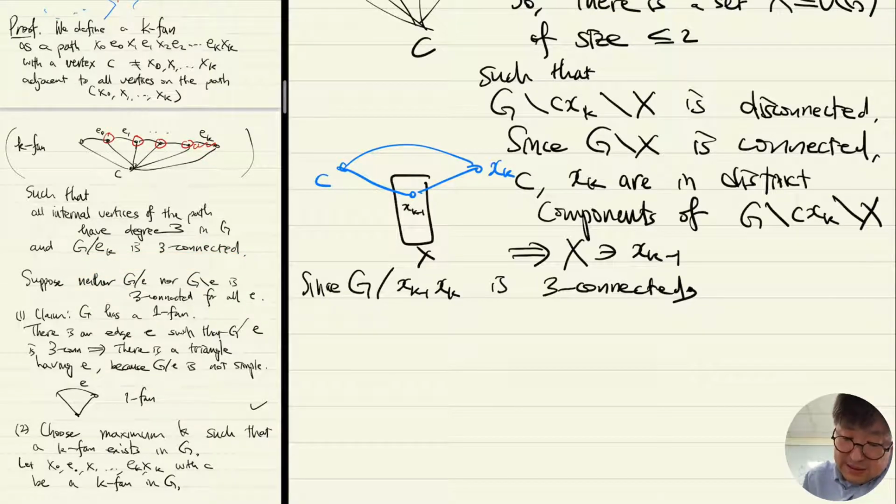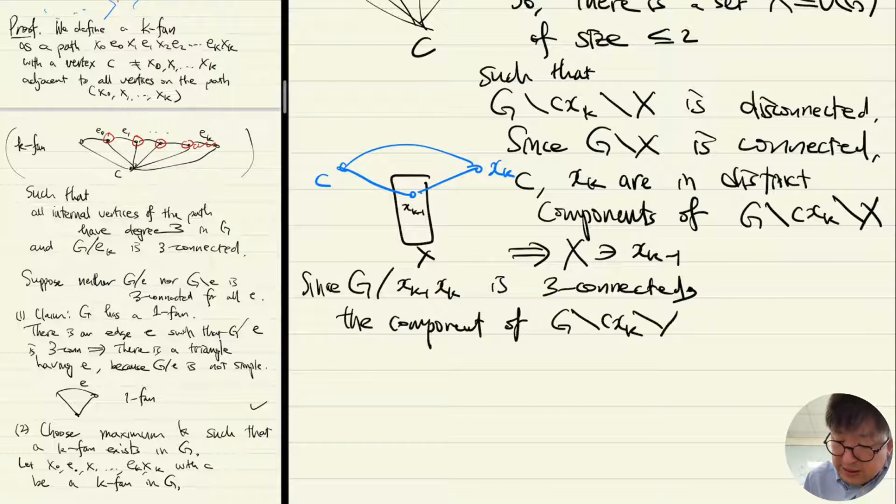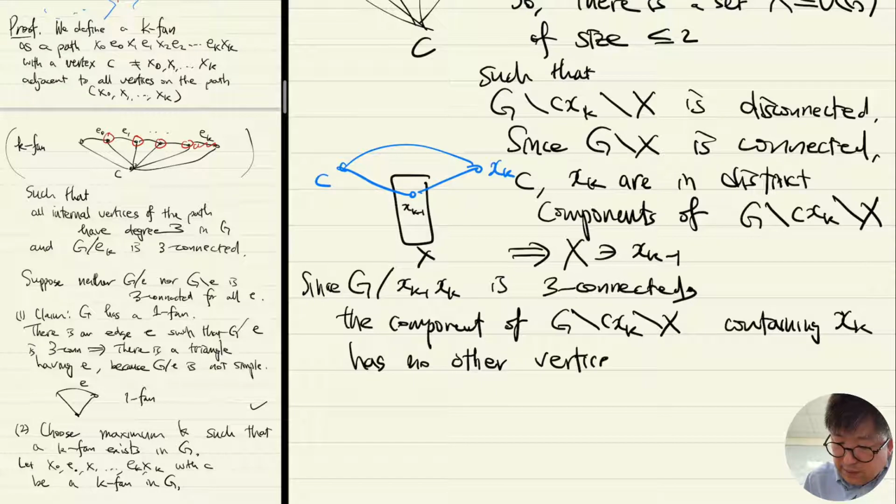So that means the component of G delete x containing xk has no other vertices. So this is the only vertex in this component.